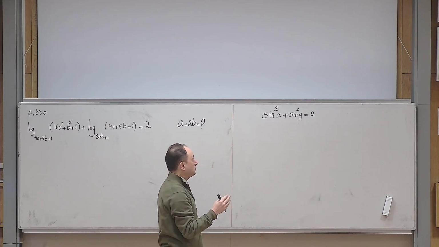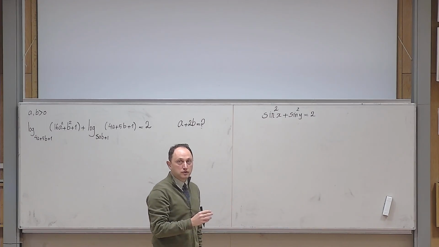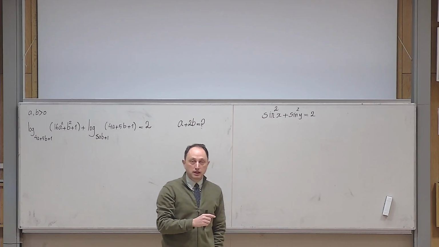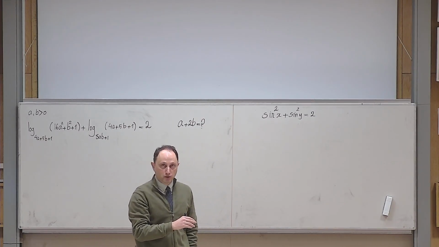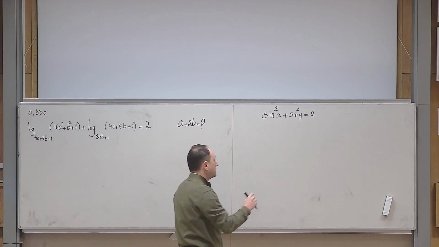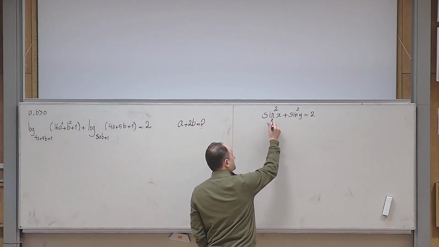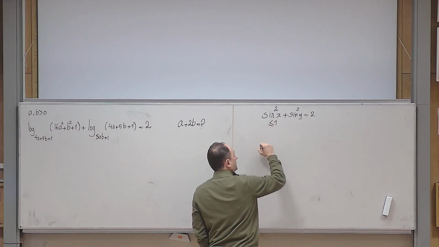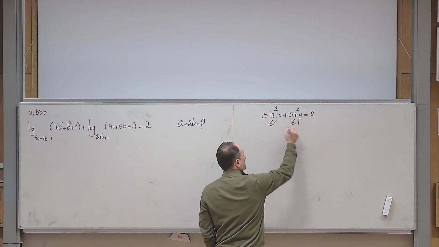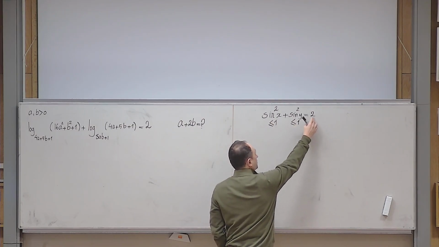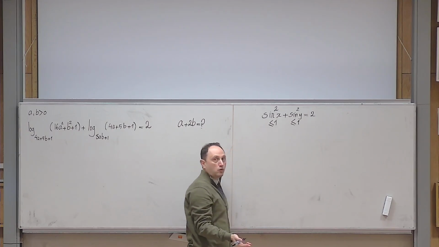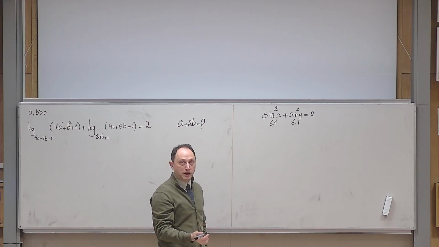But is there any way that I can find both x and y from this one relation? In this problem, the answer is yes, because I know something else from my previous knowledge in mathematics. I know that this one is maximally 1, and this one is also maximally 1. And on the other hand, I know that the sum of these two is supposed to be 2. So there is only one possibility: both of them have to be 1.